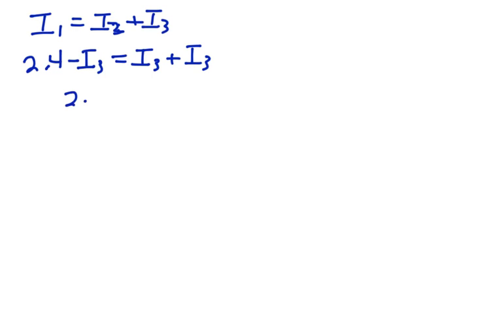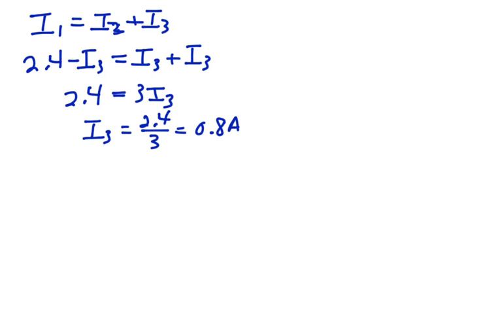Add the I3 to both sides, so 2.4 is equal to 3 I3, or I3 is equal to 2.4 divided by 3, or 0.8 amps. So now we've got the current in that third branch, which is the current through the 5 ohm resistor.